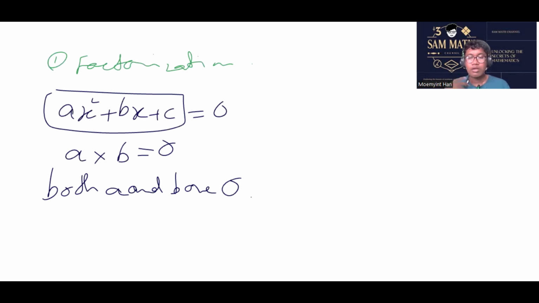Most of the time it has two answers, because I said in the former video that the quadratic equation has such an ambiguity. There are a lot of ways in which we can factorize numbers. So let's start with the first one.